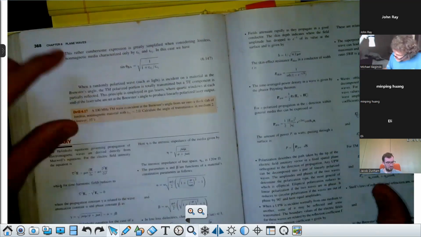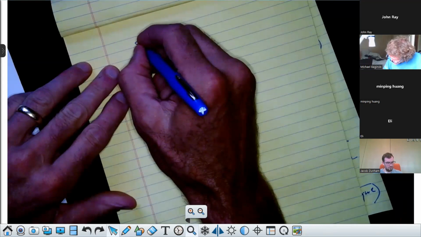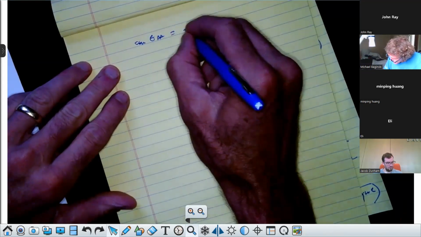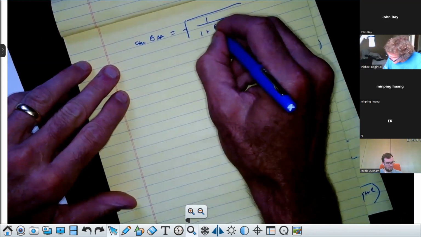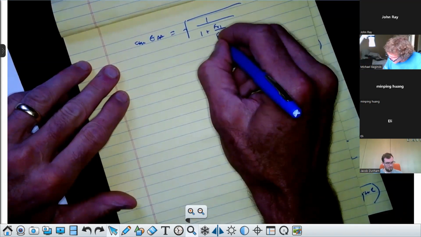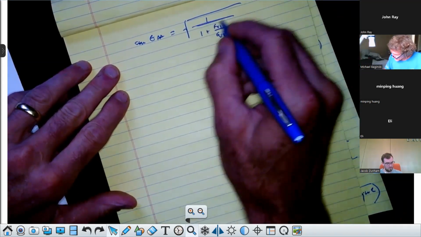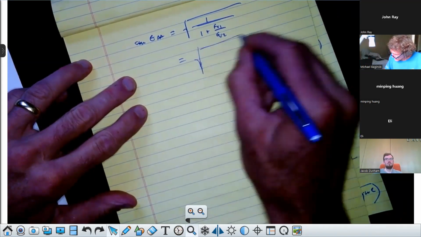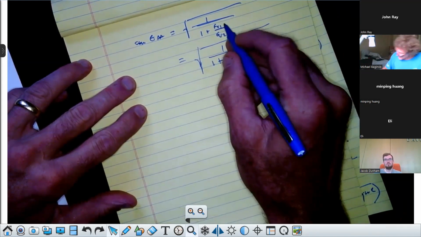To get the Brewster's angle first, I know that the sine of the Brewster's angle is equal to the square root of 1 over 1 plus epsilon relative 1 over epsilon relative 2. In my case, that's equal to the square root of 1 over 1 plus, here epsilon relative 1 is 1, epsilon relative 2, I believe was 16.